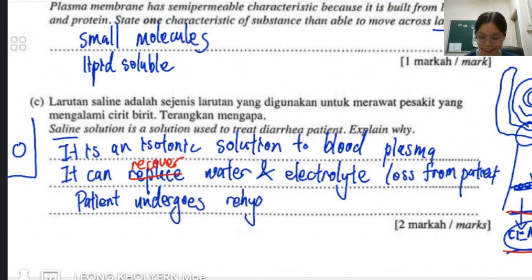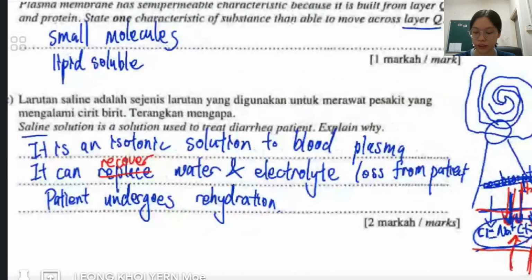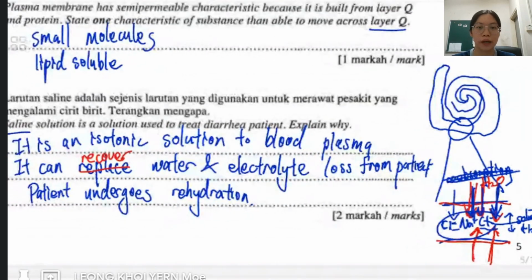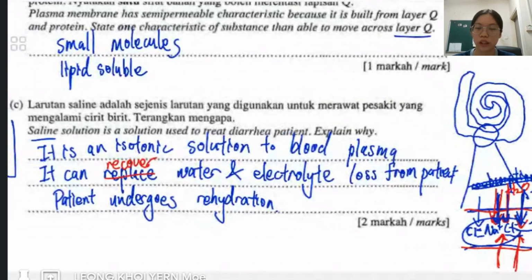Rehydration, not dehydration. Because diarrhea patients lose a lot of water when they excrete their feces, because the feces is extremely watery and contains a lot of solute. So they will lose a lot of water. In order to recover water, they will use this IV drip saline solution to recover the loss.